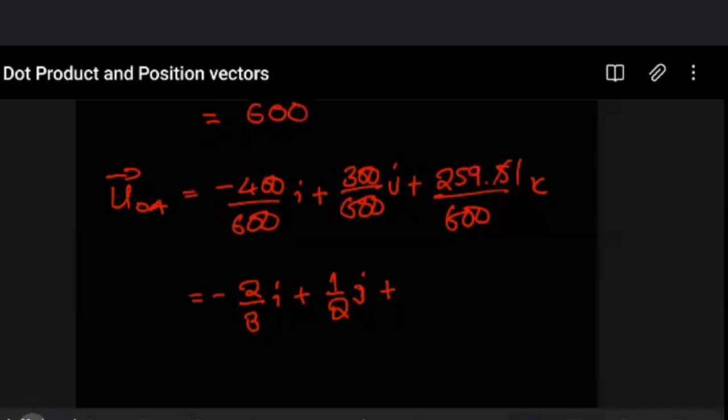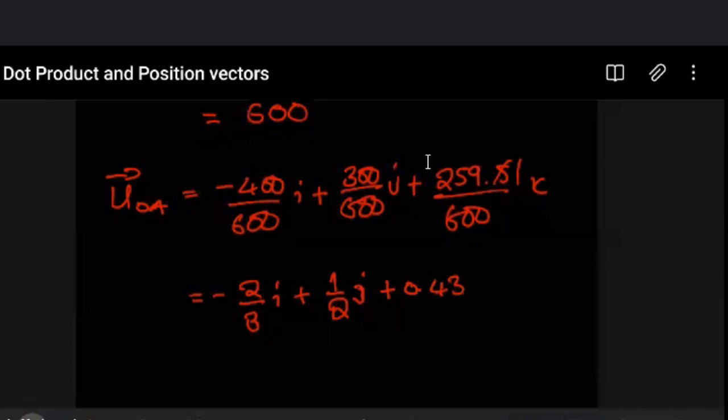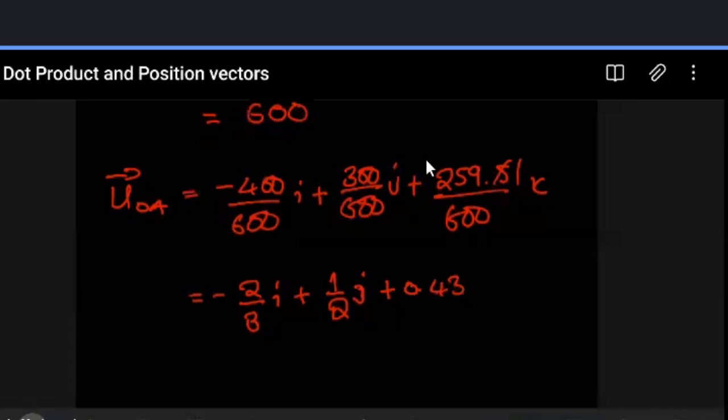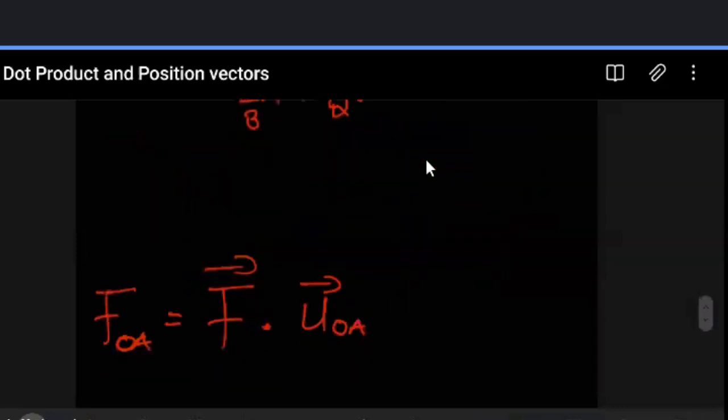Okay, that's 0.43 what? 0.433 in the K direction. Okay, so with this done, we now know what this is.